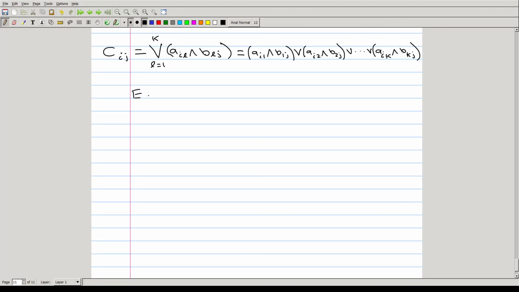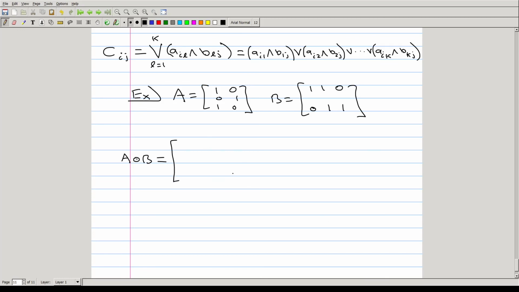We'll just see an example of doing this product. If A is 1 0 0 1 1 0 and B is 1 1 0 0 1 1, then the Boolean product of this matrix, and I didn't write it out directly for the normal product, but I'll do this just to show you. It's 1 and 1, or 0 and 0.